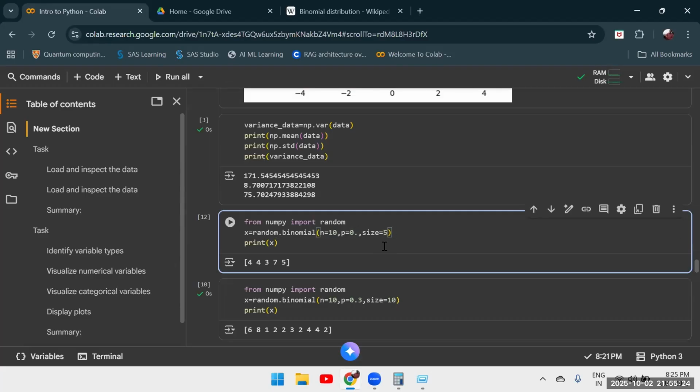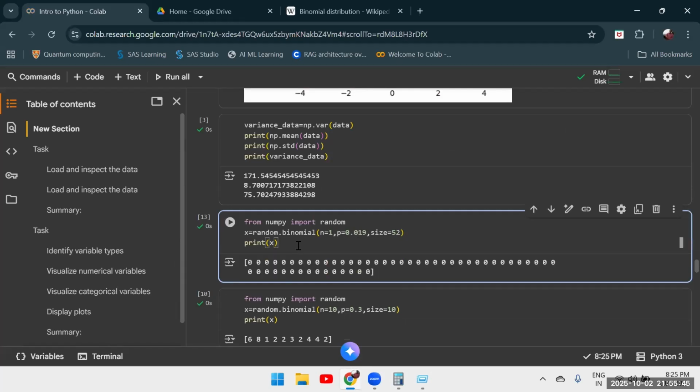So as per your understanding, Sashi, Raghav, let's take 0.019 and the size I'm mentioning as 52. So number of trials I'm going to take, let's take only one trial. Okay, now let's see what it is going to give.